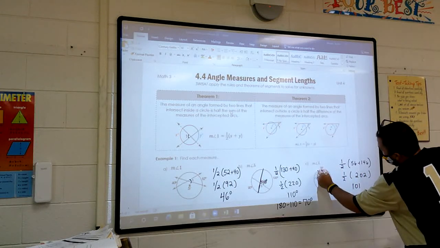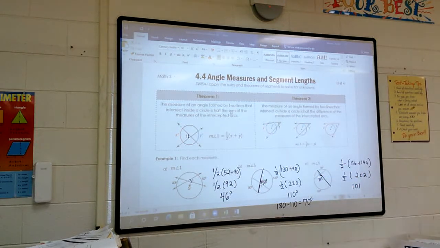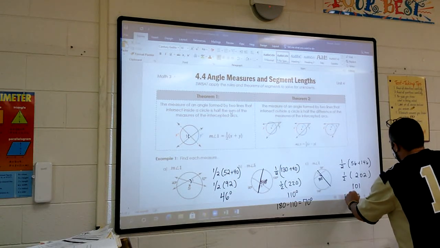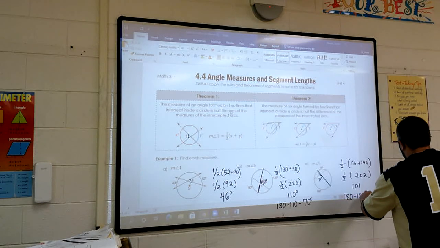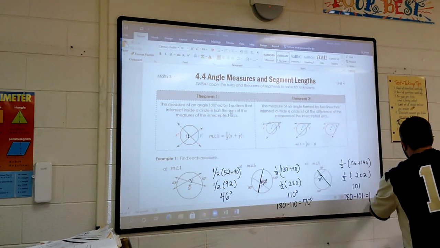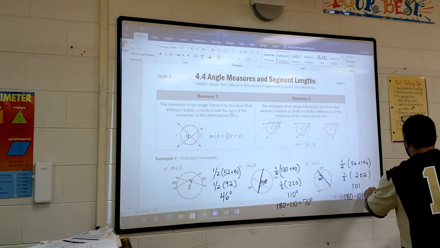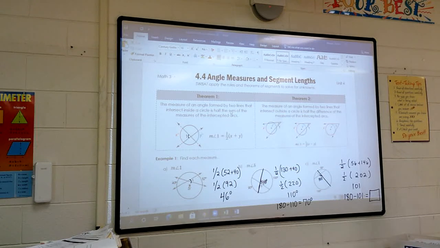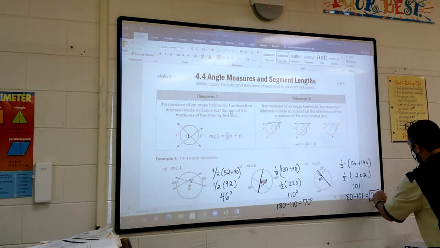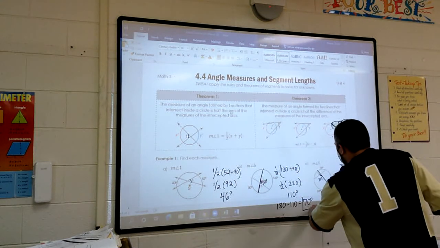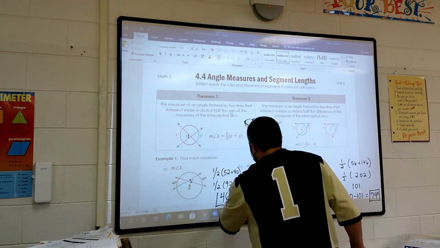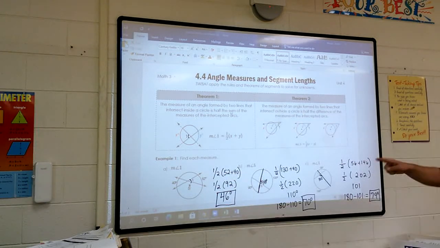Well, if that angle is 101, those two create a straight line, which means they got to add up to 180. So if that one's 101, I say 180 minus 101. What's the other one got to be? Yes, 79 degrees.